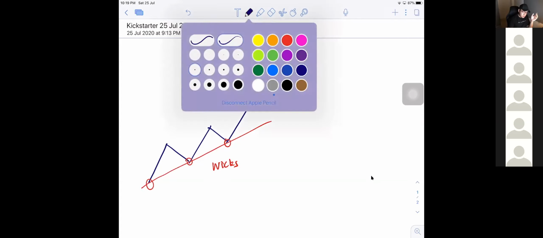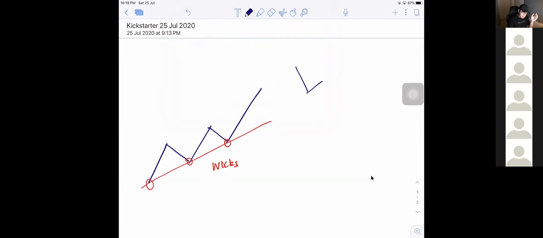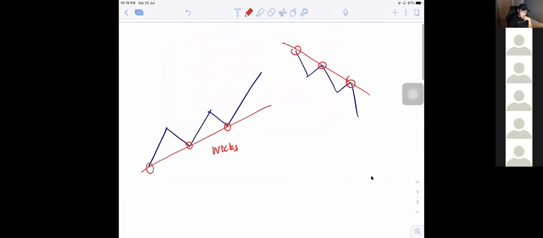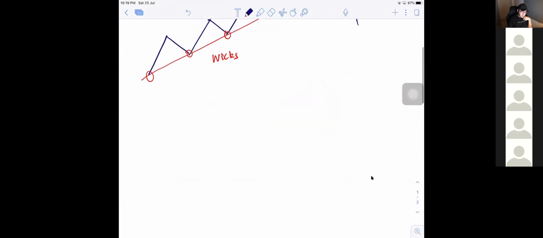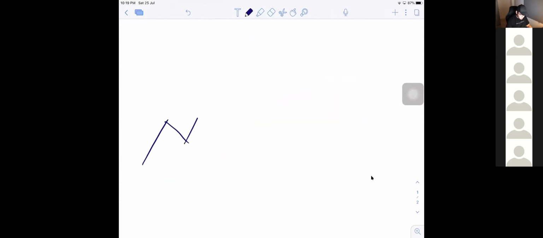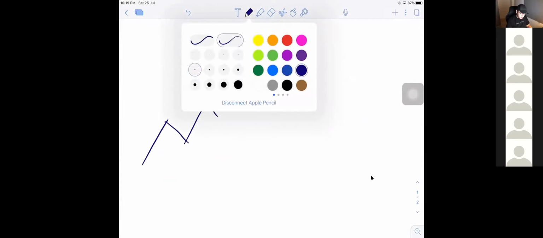The same thing goes to downtrend. We only connect with wicks. First, second, third. And the next thing is, what if we are having something like this? This is a trend line, because once we have 2 points, we can draw our trend line.